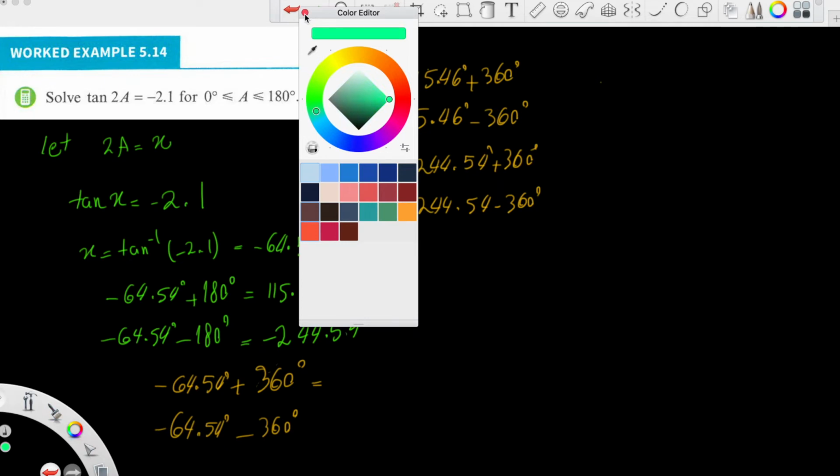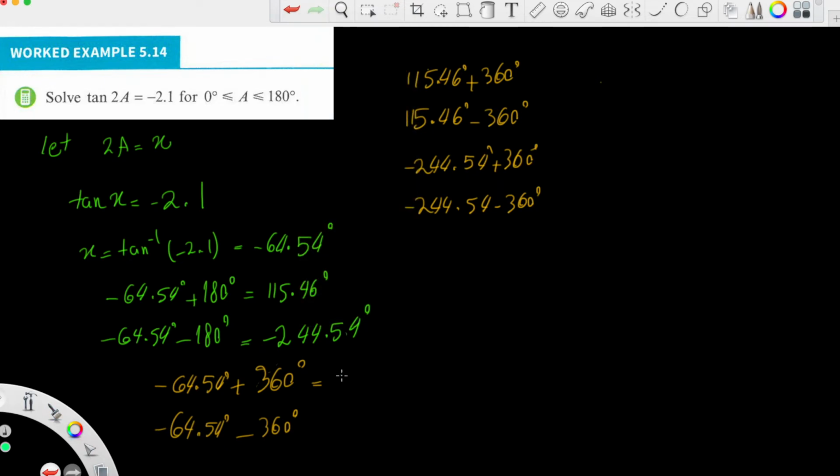So here will be 295.46. It will be here 424.54.